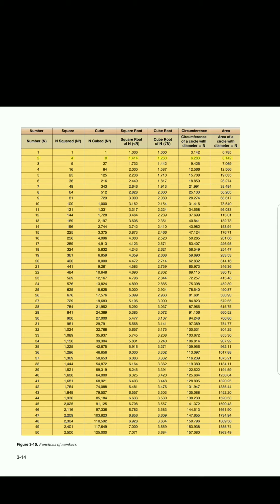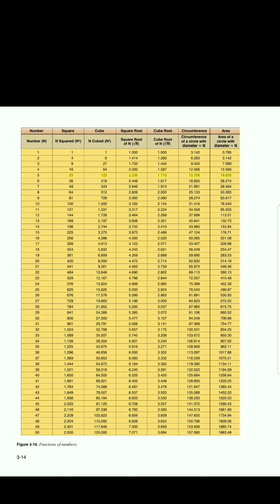For 2: 4, 8, 1.414, 1.260, 6.283, 3.142. For 3: 9, 27, 1.732, 1.442, 9.425, 7.069. For 4: 16, 64, 2.000, 1.587, 12.566, 12.566.